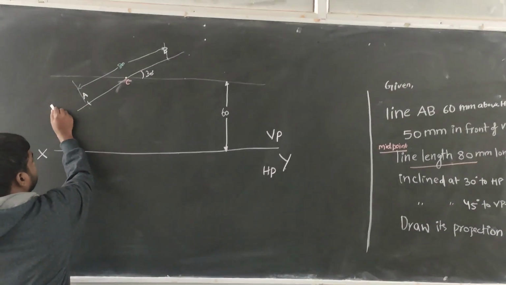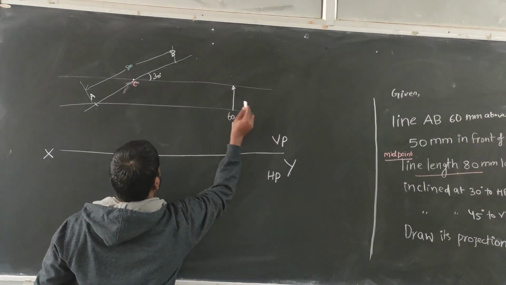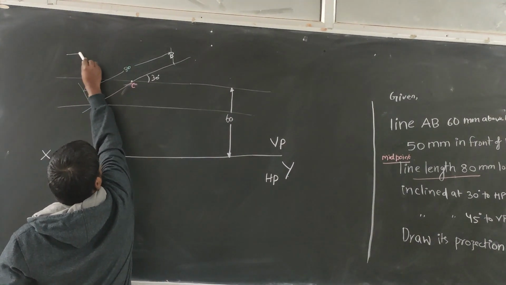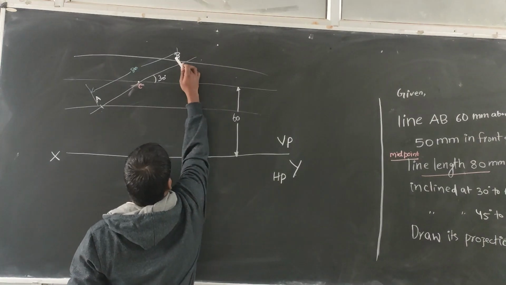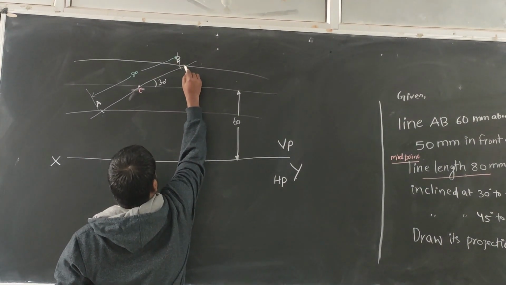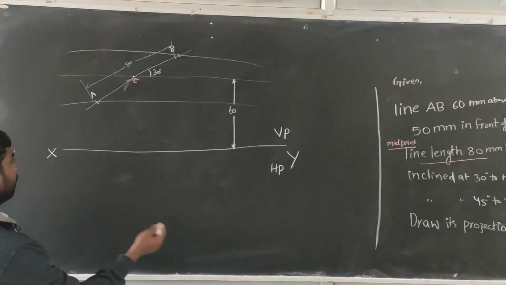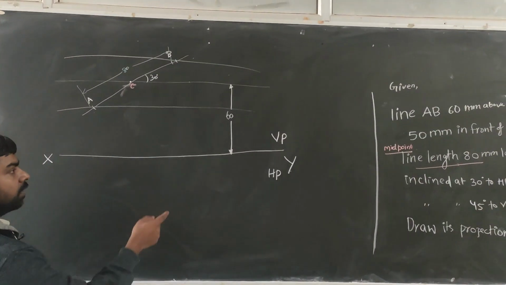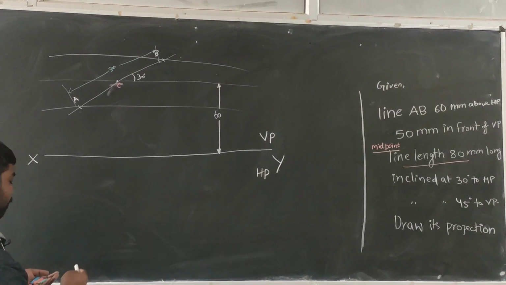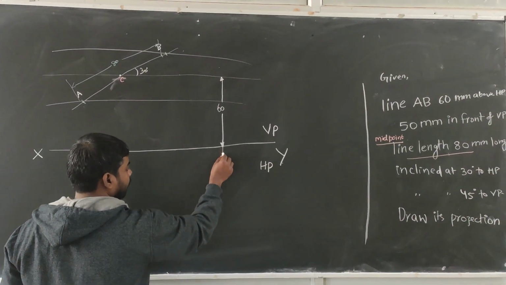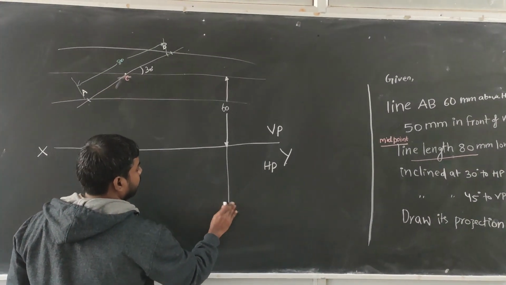Now from A make one small horizontal line, and from point B also make one small horizontal line. Actually it is supposed to be here. Okay, it should pass over here. So now the same thing is repeated for the bottom side also. Okay, so 50 mm in front of VP. So from here to here we have to make 50 mm.